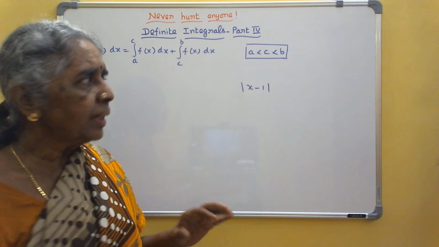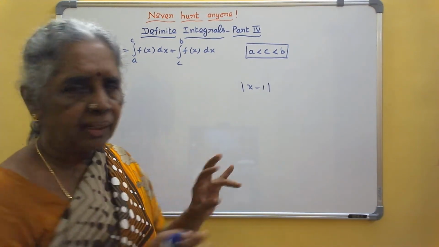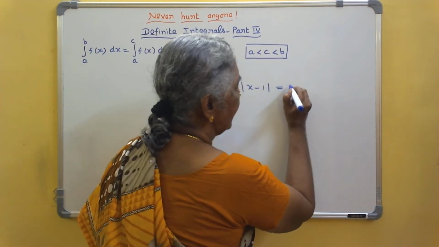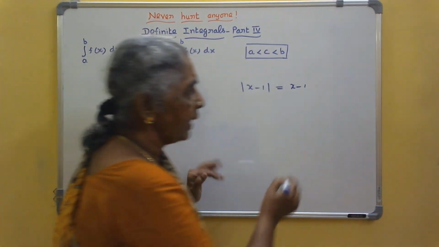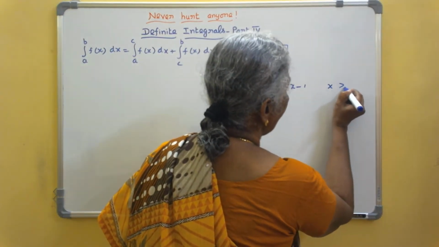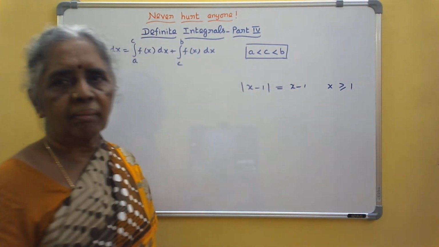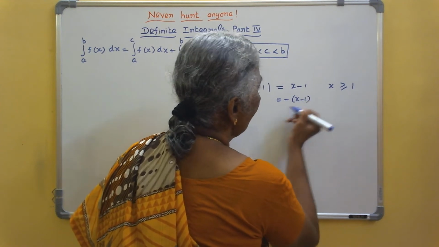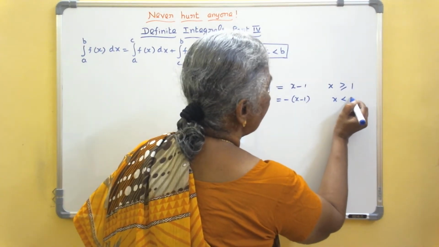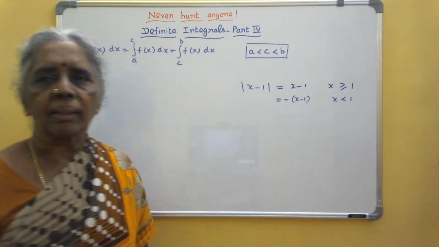So now we have to write mod x minus 1 is equal to x minus 1, the same positive quantity, when x is greater than or equal to 1, and it will be equal to minus of x minus 1 when x is lesser than 1.